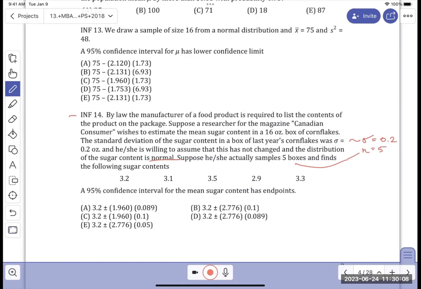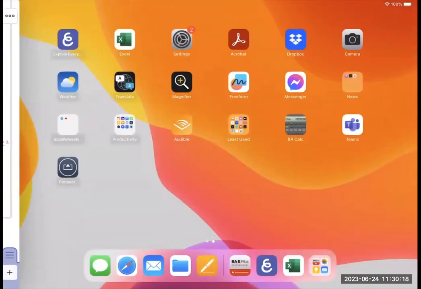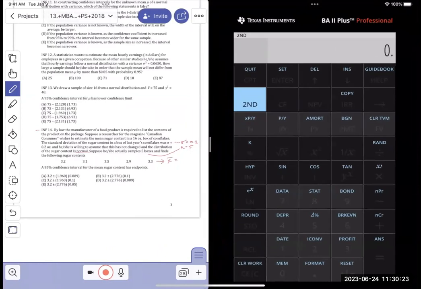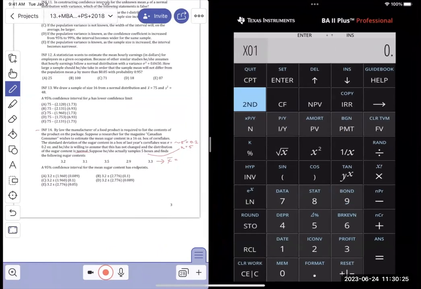And so continuing to read, you get a sample here. So from here, you calculate X bar. How do we get X bar? We use our calculators, and we put it into data mode. We clear the worksheet and we enter 3.2, enter down, down. 3.1, enter down, down. 3.5, enter down, down. 2.9, enter down, down. 3.3, enter.